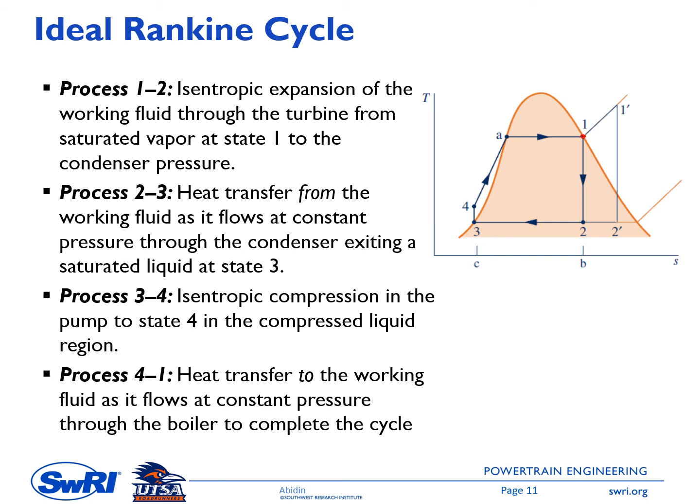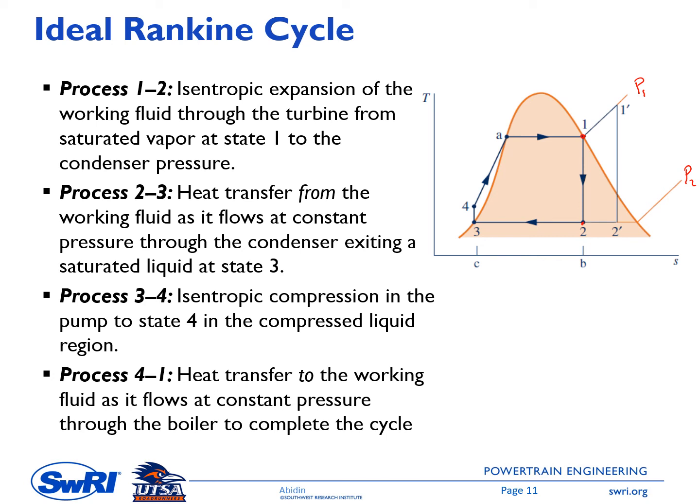The expansion goes from state 1 to the condenser pressure at state 2. So this is P1, the pressure at the turbine inlet, and this is P2, the condenser pressure.